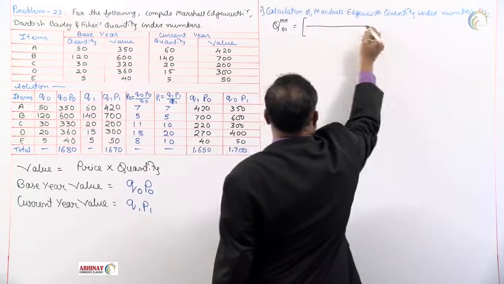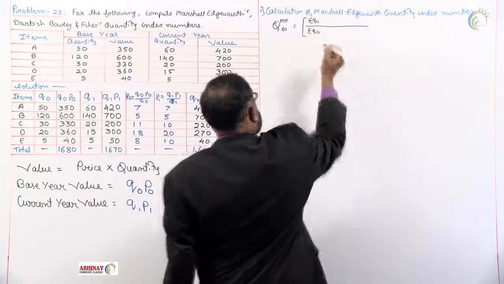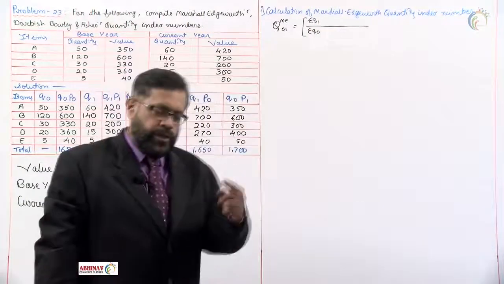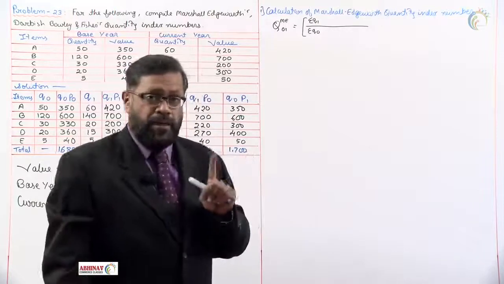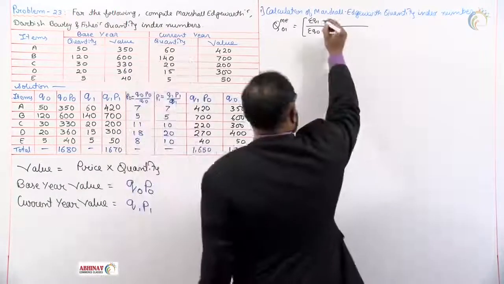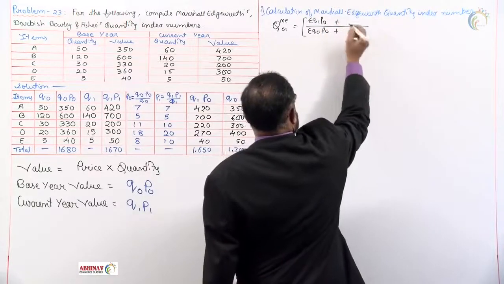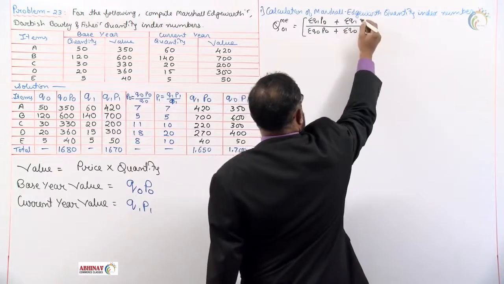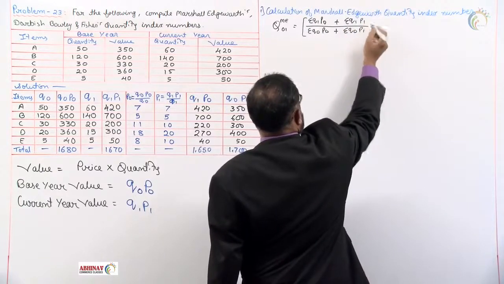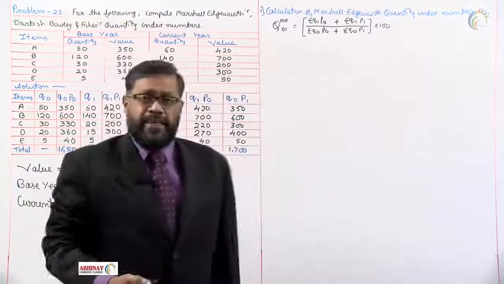As learnt in the earlier sessions, quantity index number: quantity relative, Q1 upon Q0, multiplied with the price of the base year, that is P0. We add the numerator separately. Now similarly, divide by Q0, multiply with the price of the current year, into 100. This is our Marshall Edgeworth quantity index number.